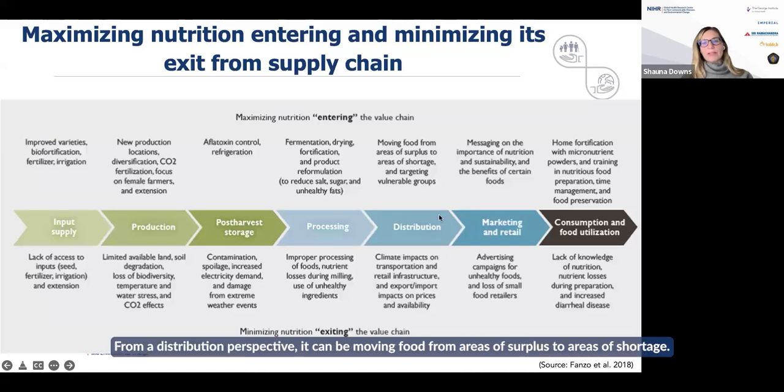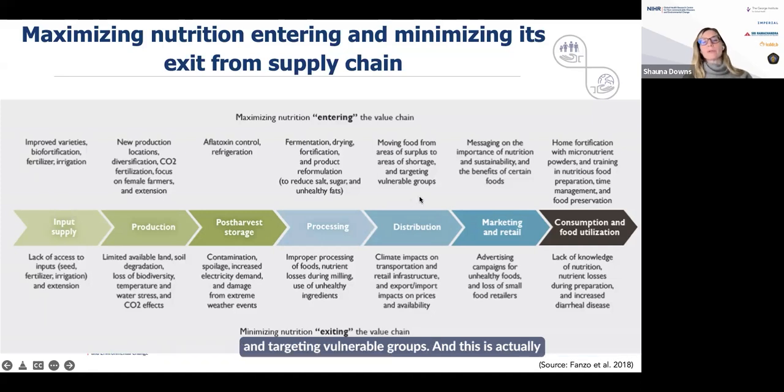From a distribution perspective, it can be moving food from areas of surplus to areas of shortage and targeting vulnerable groups.